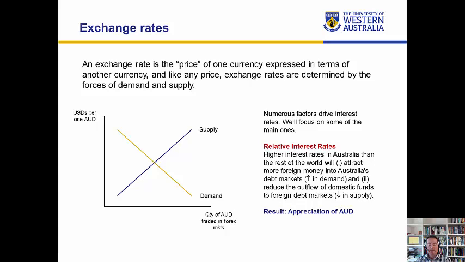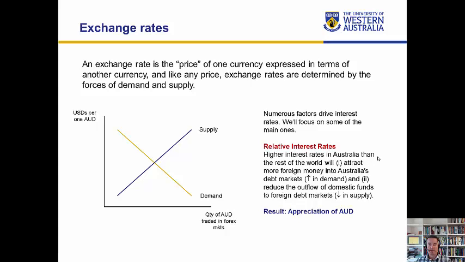Now, one of the main things that is going to drive the value of any exchange rate is relative interest rates. So what I've got here from this starting equilibrium is a situation under this title, relative interest rates, where interest rates in Australia increase to become higher than interest rates in the rest of the world.